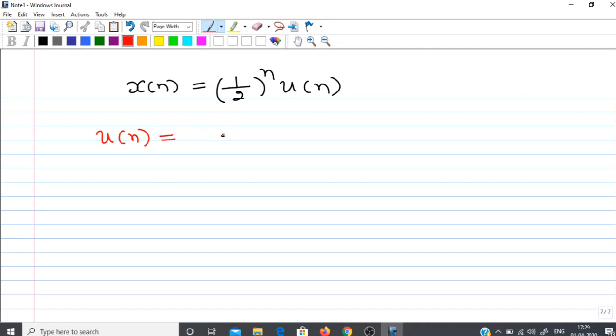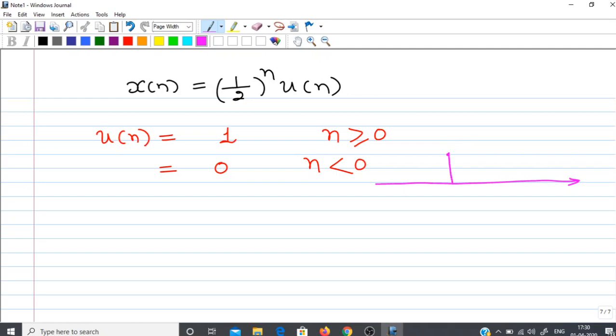And how is it defined? It is defined as 1 for n equal to or greater than 0, and it is 0 for n less than 0. So if you try to draw this sequence, it will have non-zero samples for n equals 0 and greater than 0.